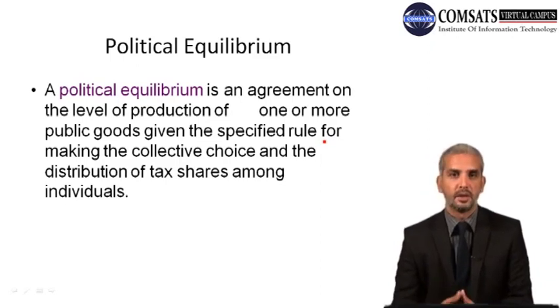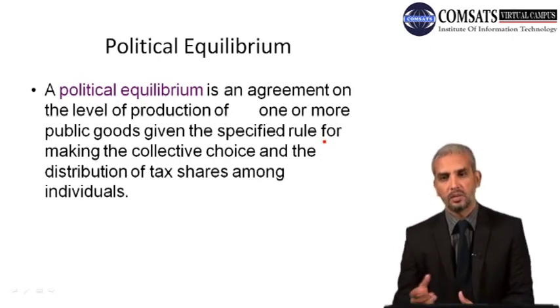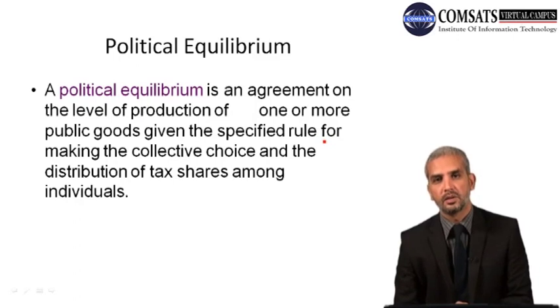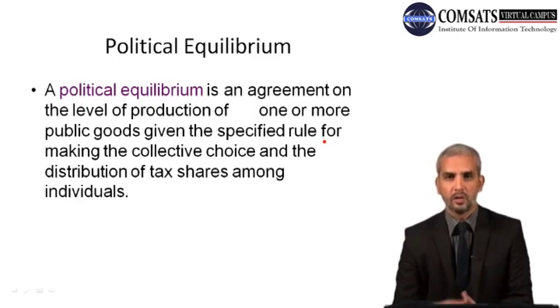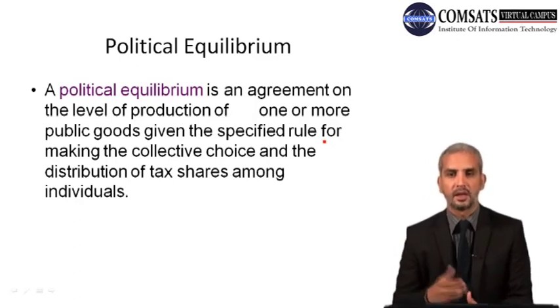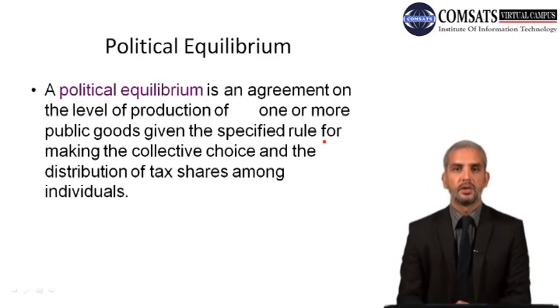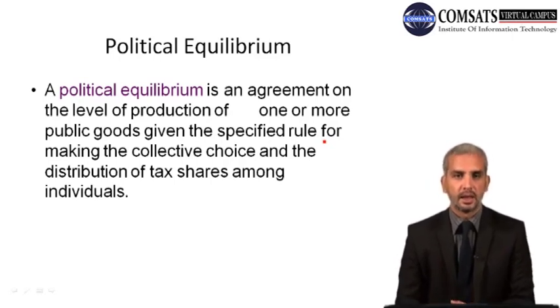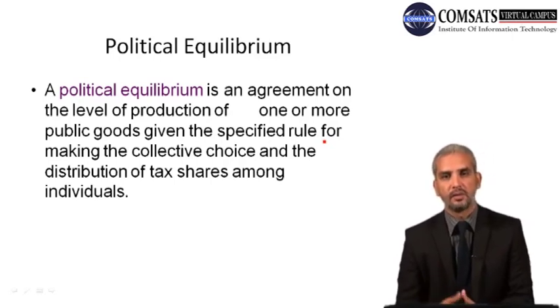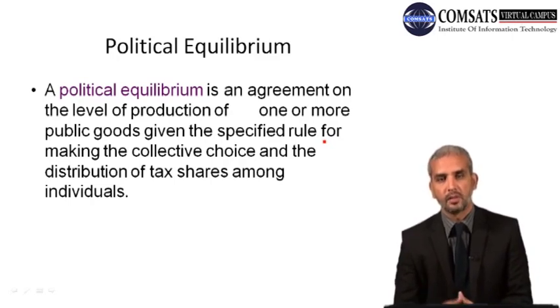If alternatives are very close to each other and the individual is somehow indifferent among those alternatives, or close to being indifferent, and the second alternative that he does not want to choose is very close to the first alternative which he wants to choose, then he would rather not vote, because in that case any alternative would be of the same effect on him, or very close effect on him.